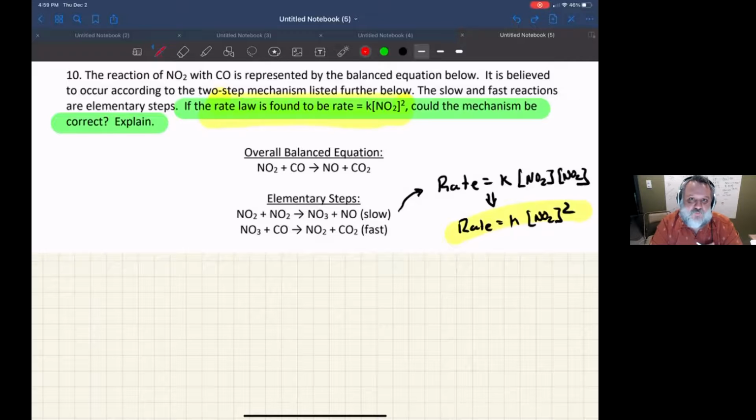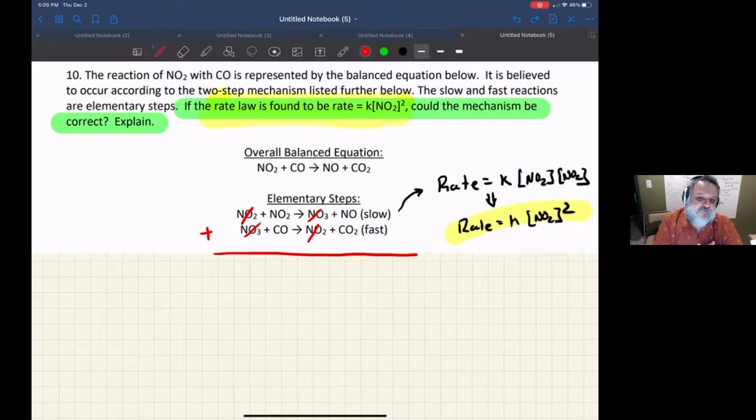So now the next requirement is that the reaction mechanism add up to the overall reaction being studied. And so what we do is we cancel out things that appear both on reactant and product sides of the reaction. So for example, 1 NO2 in the product side will cancel with 1 NO2 in the reactant side. 1 NO3 on the reactant side will cancel with 1 NO3 on the product side.